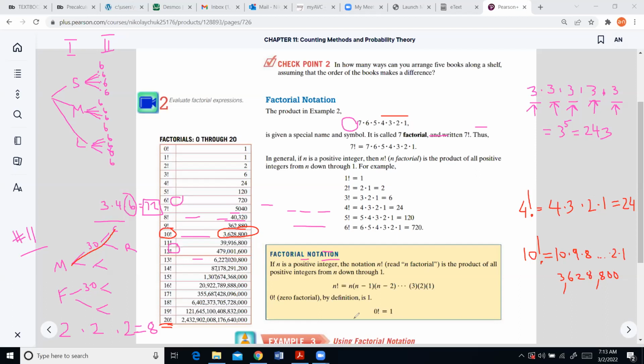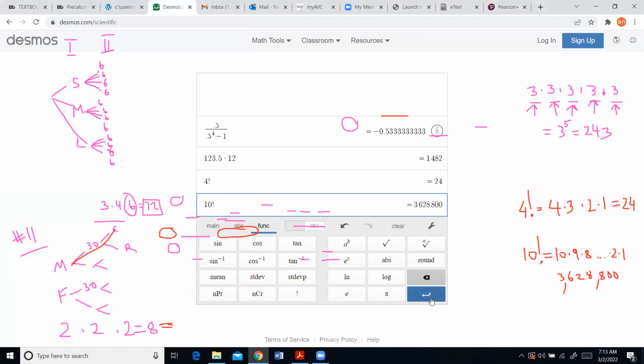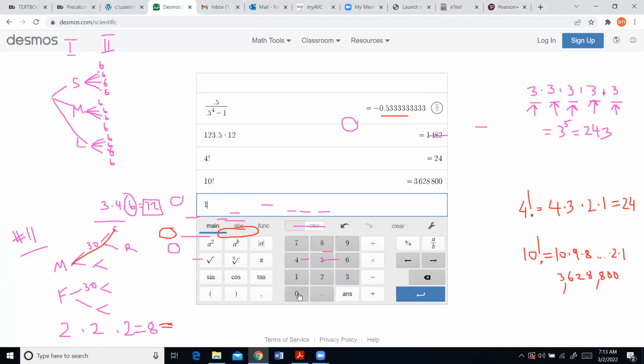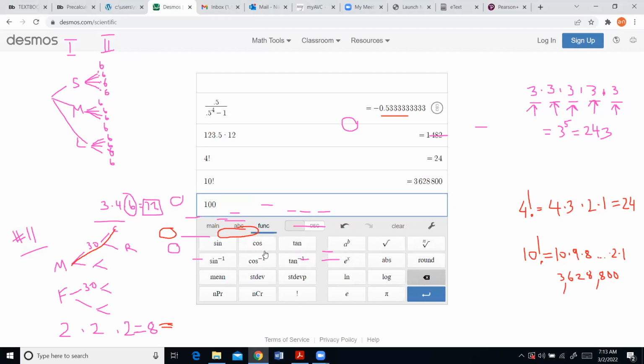In fact, these factorials increase so fast that if you try to find something like 100 factorial, for example, look at what's going to happen. Just 100, and if you put factorial to the end, it's 157th power of 10.